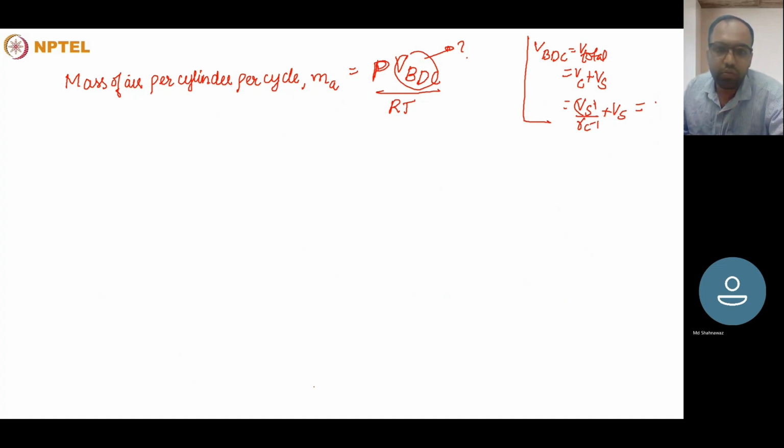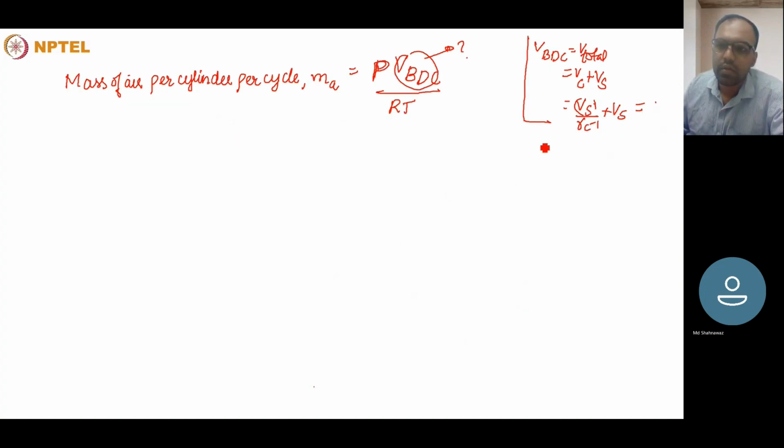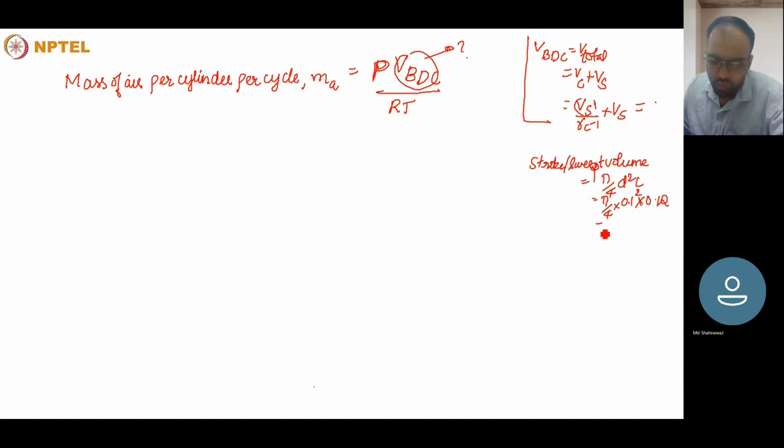The stroke volume, or the swept volume, is equal to pi by 4 into d squared into L. So pi by 4 into 0.1 squared into 0.12. It will be coming around 0.9969 into 10 power minus 3 meter cube.